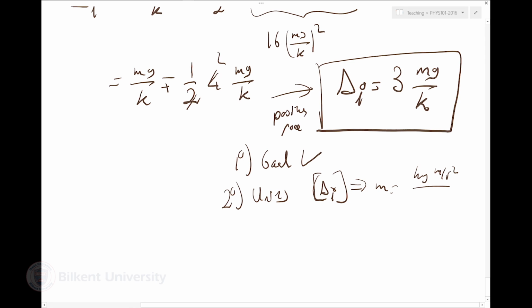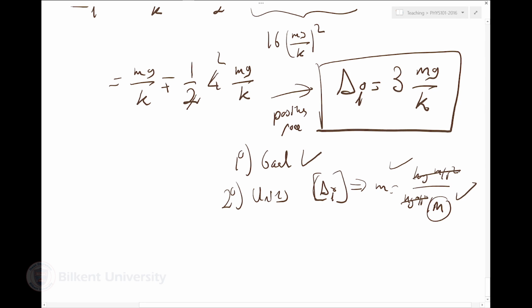K, what was the unit for K? Spring constant. F is K times x, so it's going to be newtons per meter. Newton is F equals ma, it's kilogram meter per second square. So unit-wise, it makes sense.